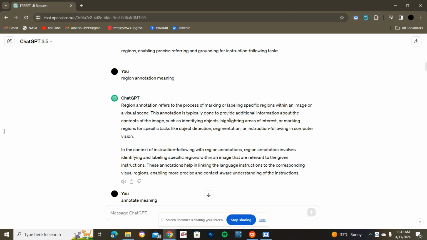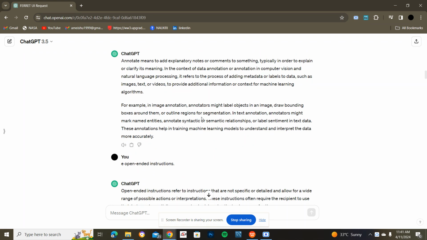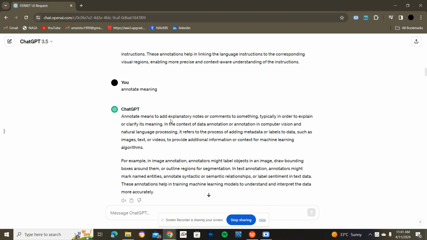This annotation is done to provide additional information about the context of the image, identifying the objects, highlighting areas of interest, or marking regions. Region annotation involves identifying and labeling specific regions within an image that are relevant to the given instructions. I don't know so much, so I again refer to the meaning of annotate.